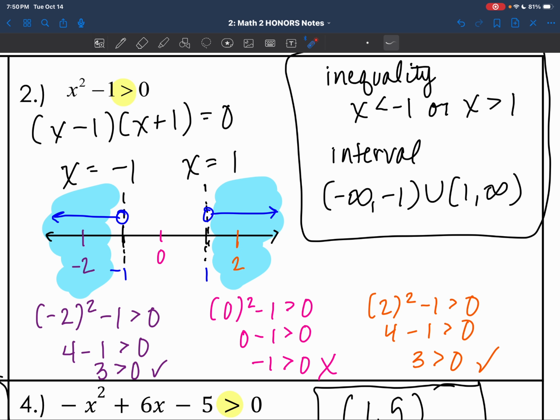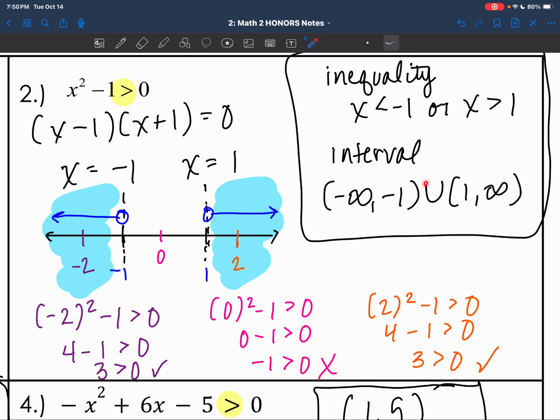The interval would be, since this is going to -infinity, you've got parentheses, -infinity, comma, -1, and you want parentheses because it's open. And infinity and -infinity are always going to have parentheses.